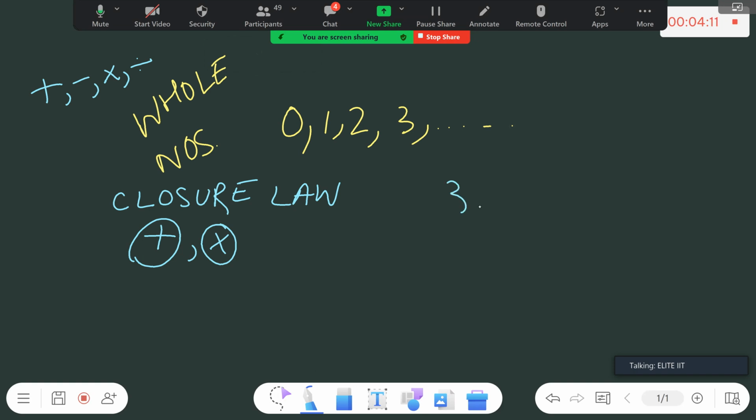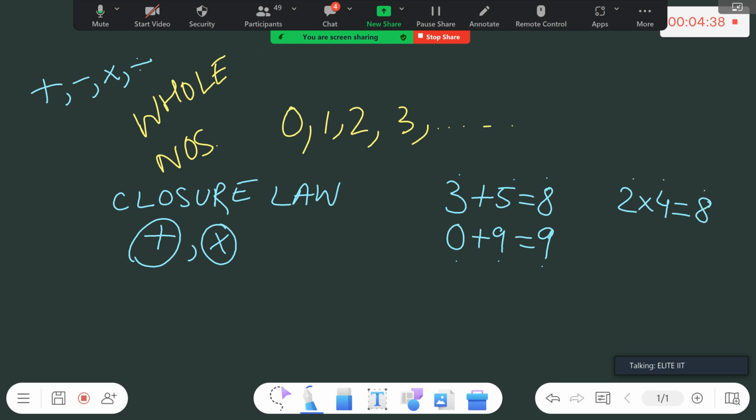For example, 3 plus 5 is 8. Whole number plus whole number gives you a whole number. Then 0 plus 9 is 9. In multiplication, 2 into 4 is 8.